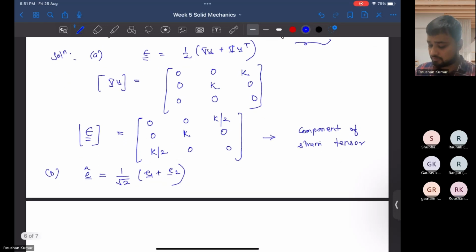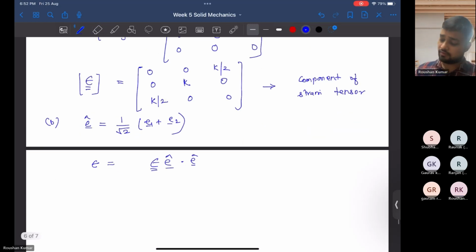So the strain, given by epsilon, is the epsilon tensor times E hat, dotted with E hat.